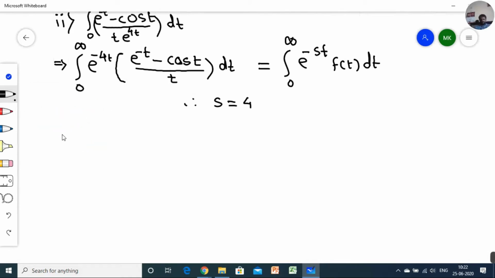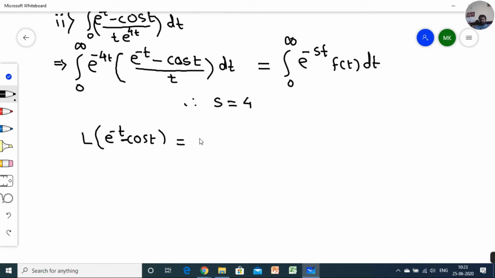So the Laplace of this part, I'm just taking directly this part, Laplace of e raised to minus t into cos of t. What will be the Laplace of this part? Laplace of e raised to minus t minus cos of t, and the sign is negative, so that is a minus.